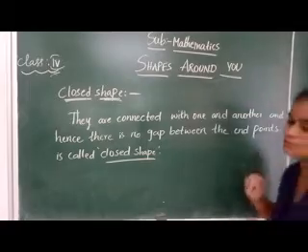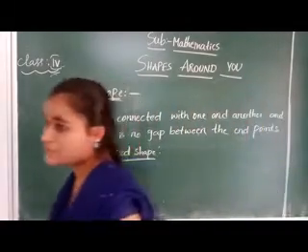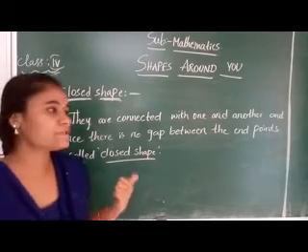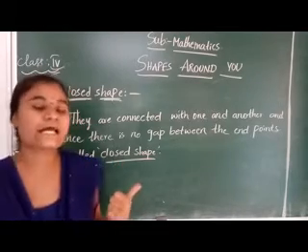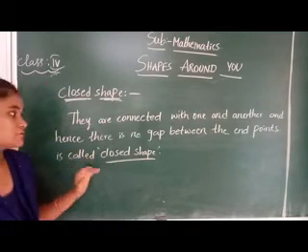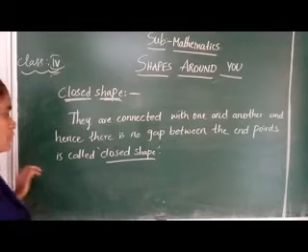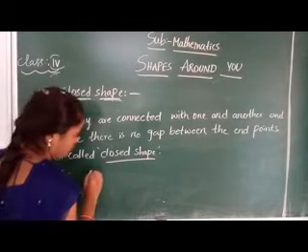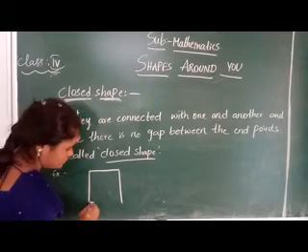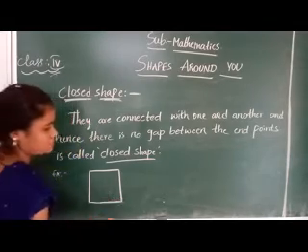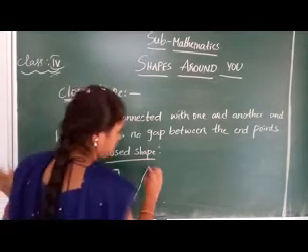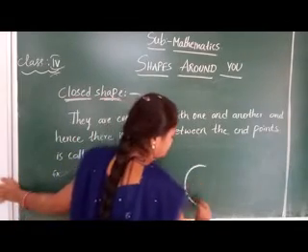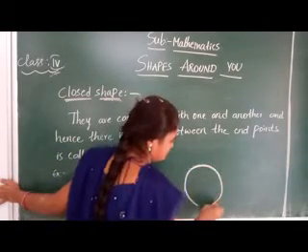It is called a closed shape. So, what is the difference between open shape and closed shape? In an open shape, a gap can be seen between the endpoints, but in a closed shape, there is no gap between the endpoints. See, example, suppose this is the closed shape. See, no gap.